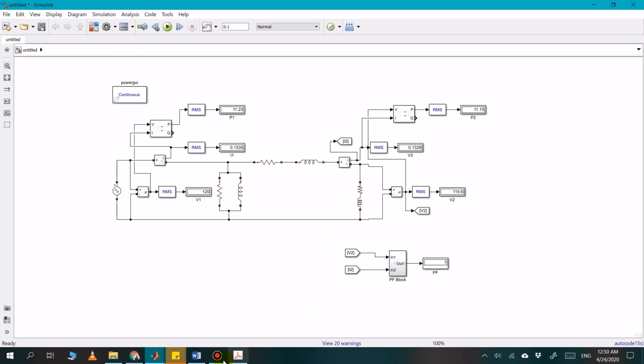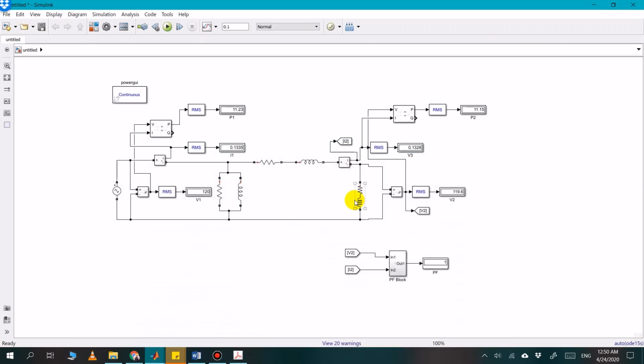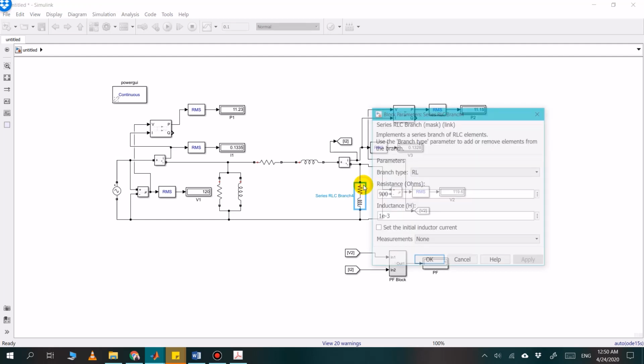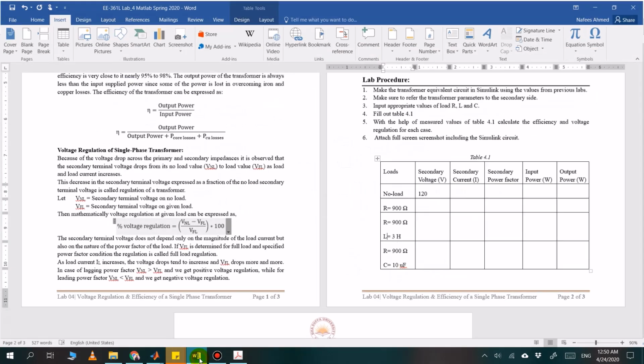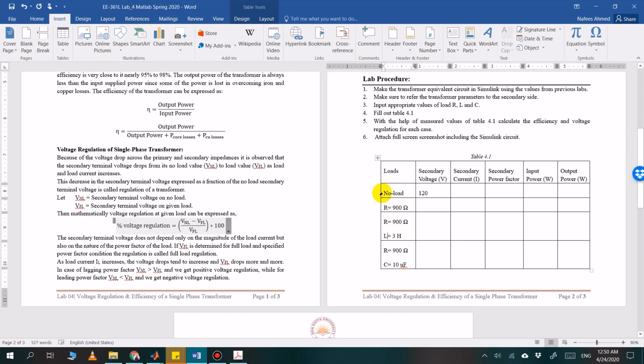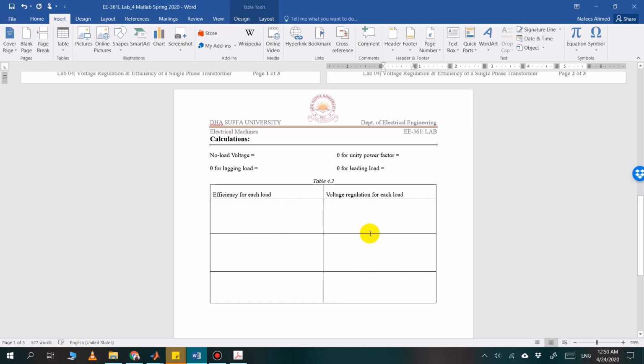That's it. And then for RC load, you will make it RC load. So do this for all these values, for all these parameters, and then fill out the voltage regulation and efficiency.